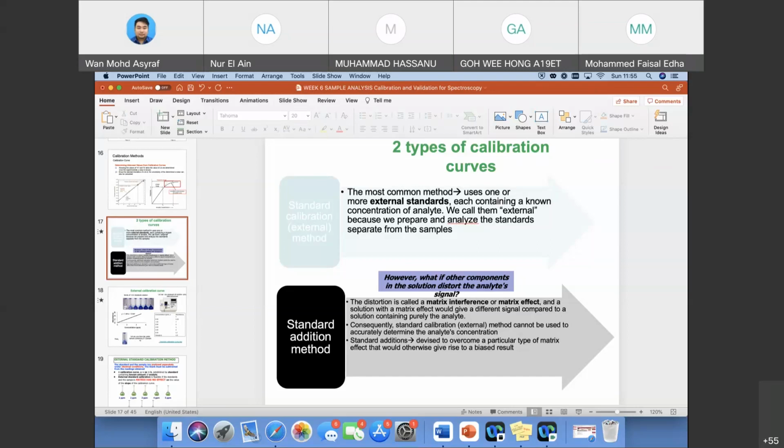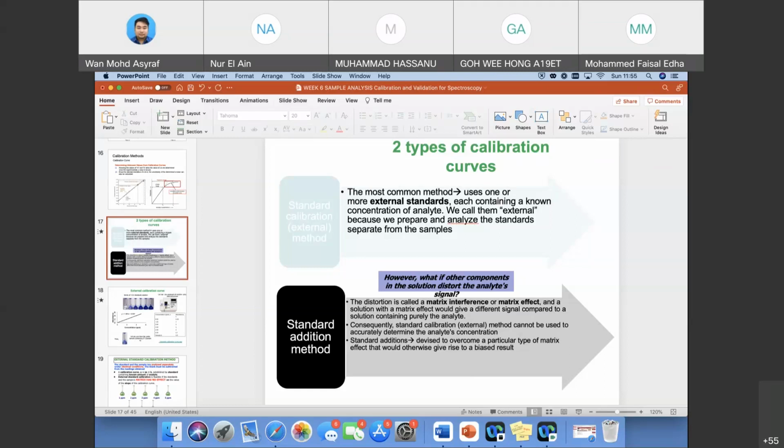With these matrix effects, your analyte signal can become much higher or much lower. Your standard calibration curve has no matrix effect involved, so you assume the signal you get from your sample is free from any matrix effect, because your standard calibration curve does not have the matrix.